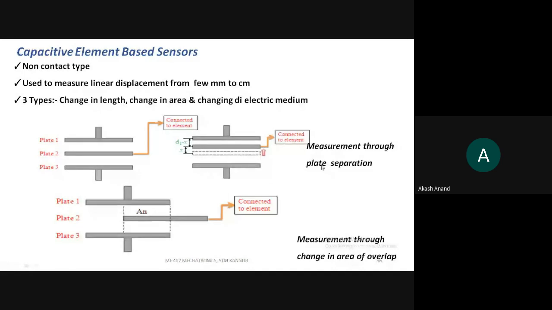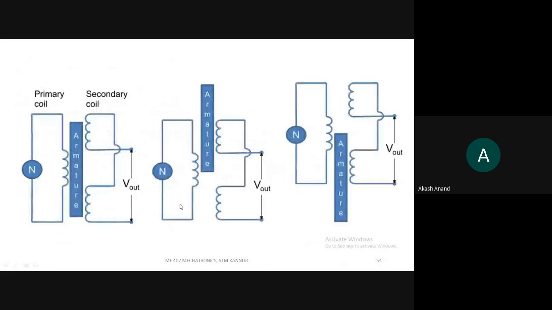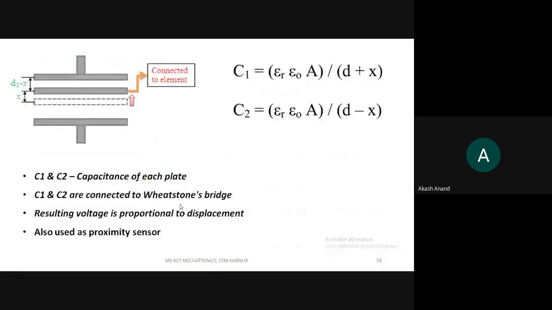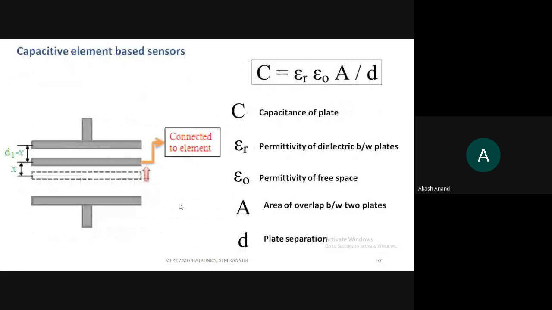And in the case of the third method, you can simply change the dielectric medium. For that, you can simply imagine a dielectric object in between here, connected with a linearly moving probe, so that when this displacement is changed, the dielectric medium will get into the capacitance space.